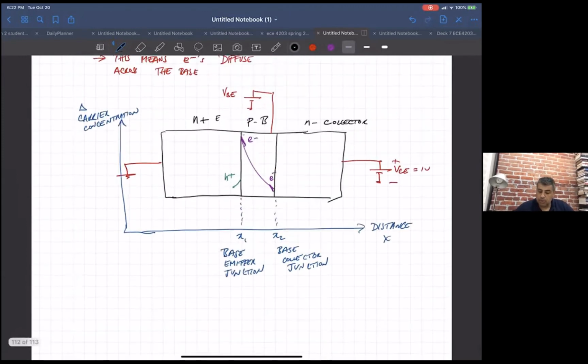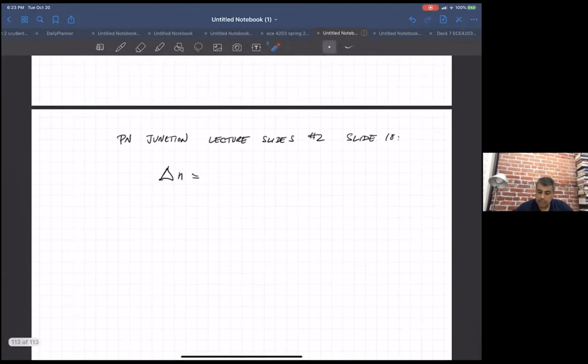It described the change in number of electrons on this side of a PN junction if we had a voltage across the PN junction. And I'm just repeating that equation.